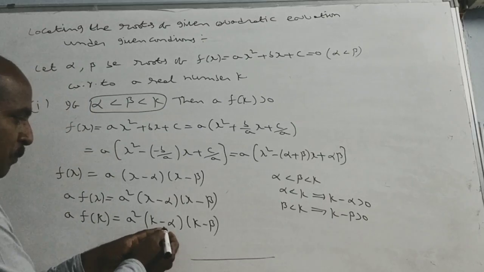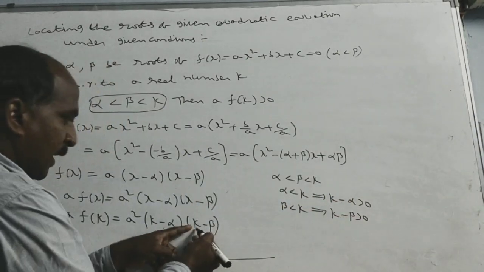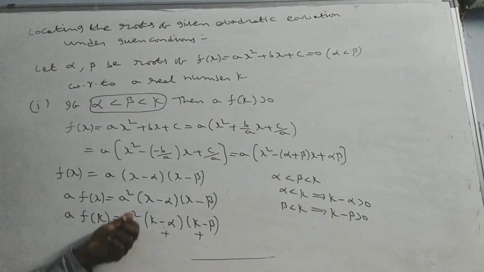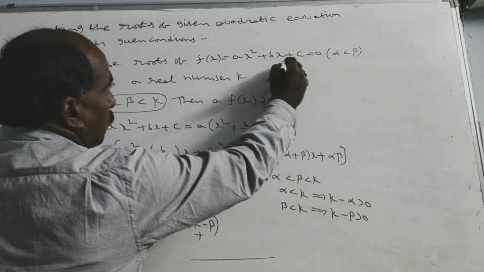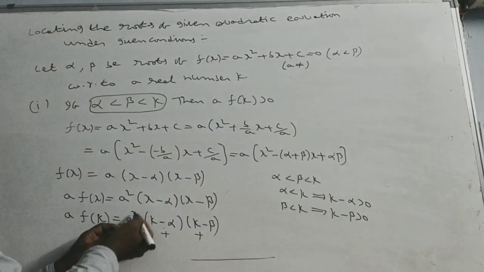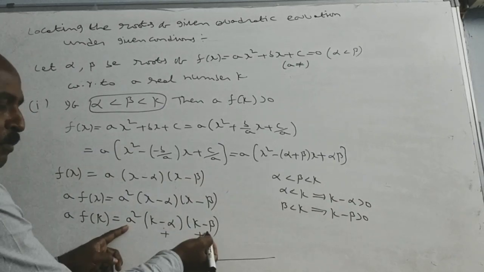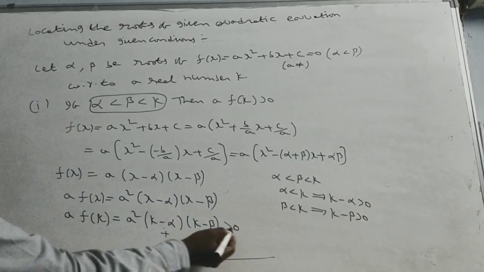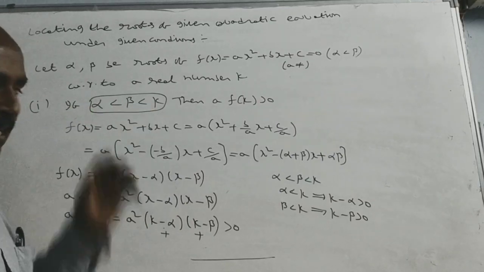And a square is always positive, since for a quadratic equation a is not equal to 0, so a square is not equal to 0. Positive into positive into positive is positive. So a into f of k is positive when both alpha and beta are less than k.